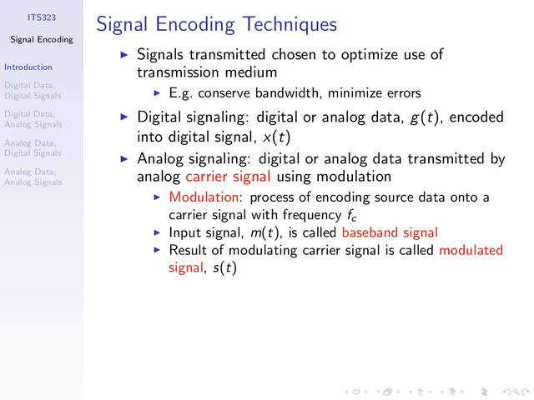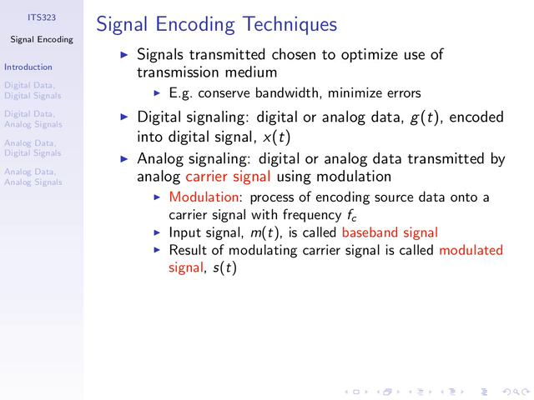My wireless microphone transmits to the wireless receiver here. My voice is the data we want to communicate, and the wireless signal being transmitted there is a signal. My voice is encoded onto that signal. How does that work? We'll go through how that works in this topic.